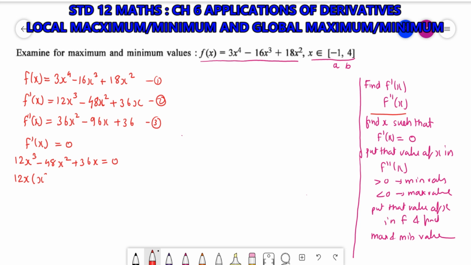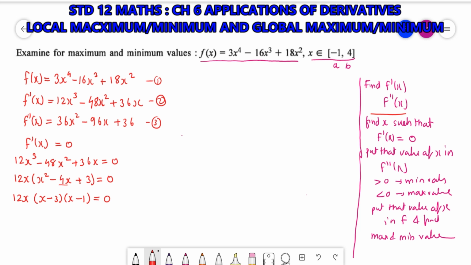This will be x squared minus 4x plus 3, equal to 0. Now I have to factorize it. For x squared minus 4x plus 3, I need to split the minus 4x as minus 3 and minus 1. So this will be x minus 3 times x minus 1 equal to 0.